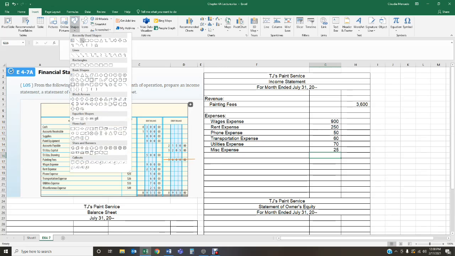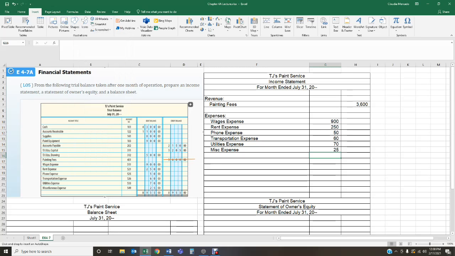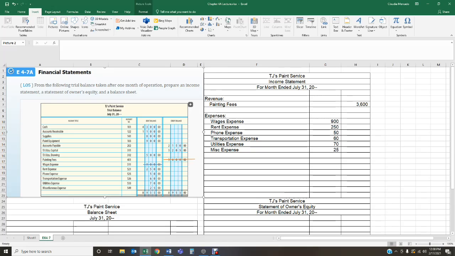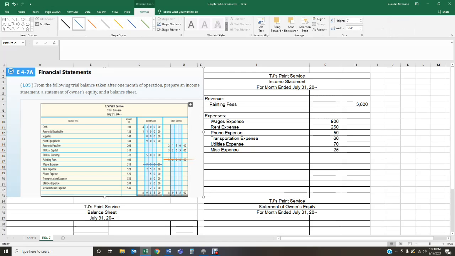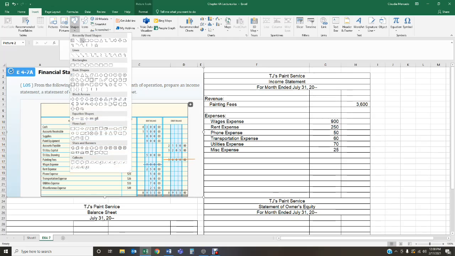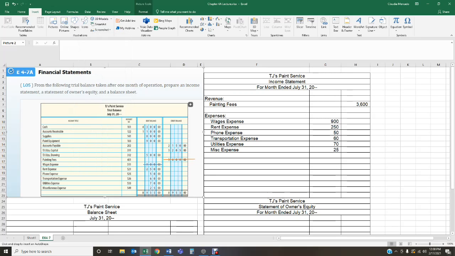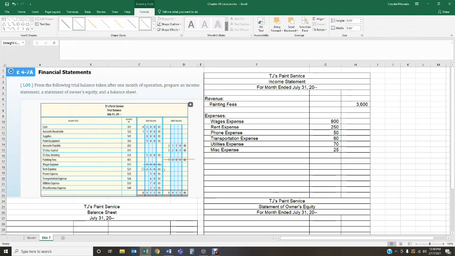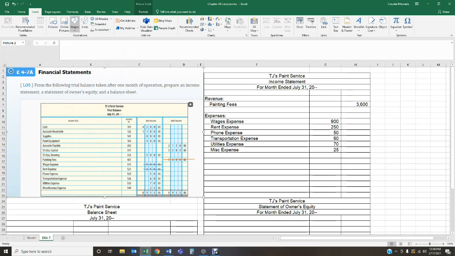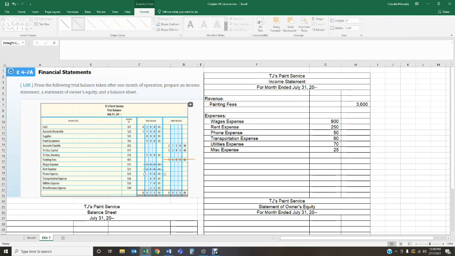Okay, and let me mark them all off because we've used them. I'm just going to be marking these off because I've used them before. I don't want to reuse them. I want to make sure that at the end, I know that I've used all of my accounts. Super important that we keep track.